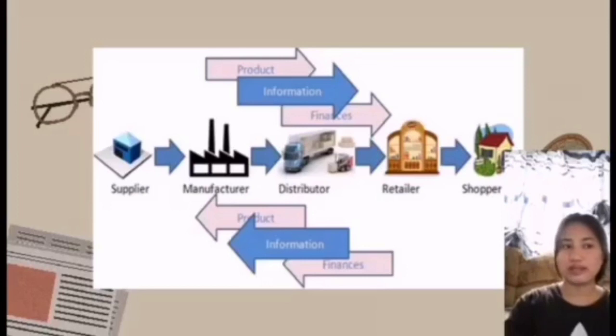This picture depicts the movement of a product from a producer to the manufacturer, who forwards it to the distributor for shipment, and the distributor in turn passes it to a wholesaler or retailer, who further distributes the product to the various shops from where the customer can easily get the product.